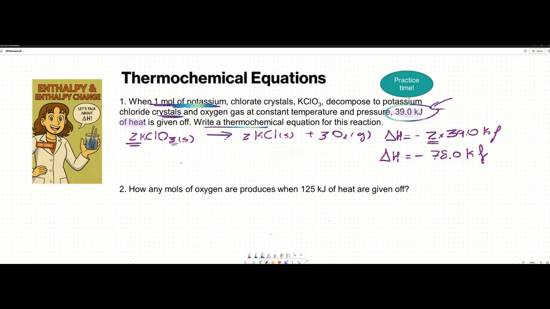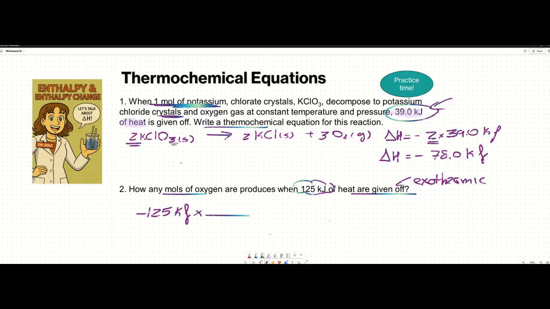So here they ask how many moles of oxygen are produced when 125 kilojoules of heat are given off. So we know that they're giving you minus 125 kilojoules, right? Given off, so it's an exothermic reaction, it's releasing energy.